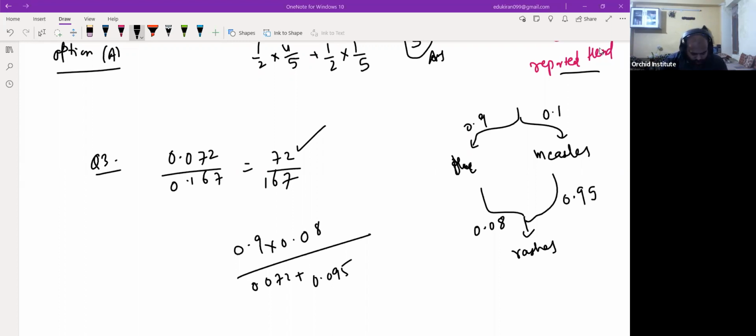30 tin pure ghee and 40 tin adulterated ghee are kept for sale, while in shop B, 50 tin pure ghee and 60 tin adulterated ghee are there. 1 tin of ghee is purchased from one of the shops randomly and it is found to be adulterated. Okay. So shop B probability is half and shop A is half.